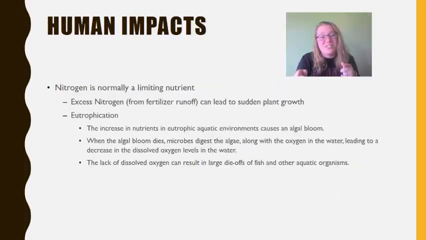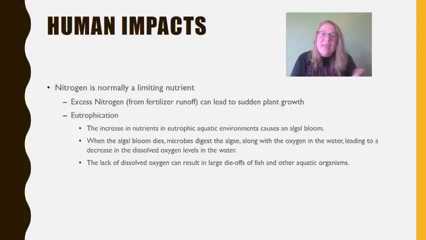What you do need to know is how humans are impacting the nitrogen cycle. Now remember, nitrogen is normally a limiting nutrient. So that means that it limits plant growth and it limits the amount of productivity in a particular ecosystem. So if there's extra nitrogen, suddenly these plants can grow a whole bunch.